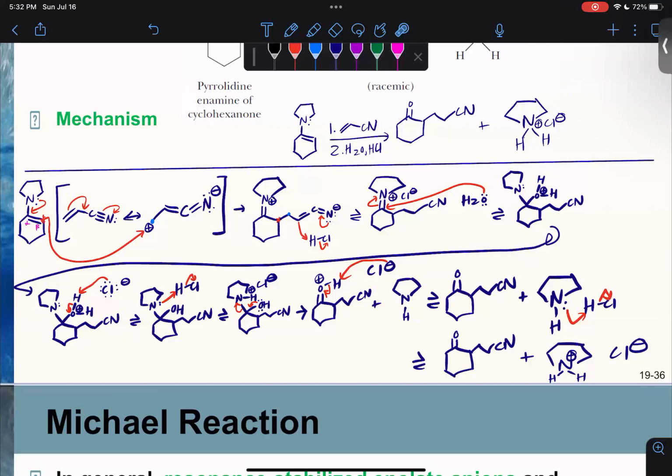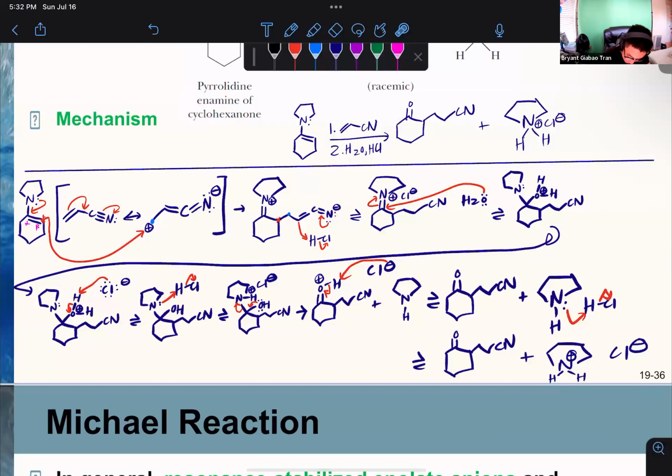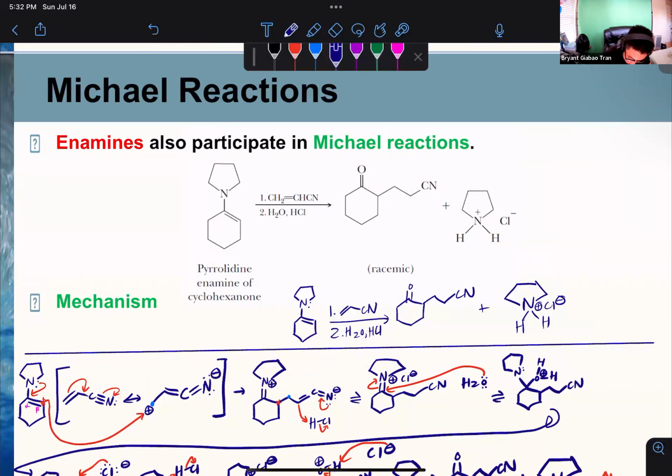Okay. But why does the beta carbon attack? Why doesn't the alpha go? Oh, like this alpha carbon here? Yeah, that's because let me draw you the resonance structure of this enamine here. We know that this nitrogen has a lone pair of electrons.